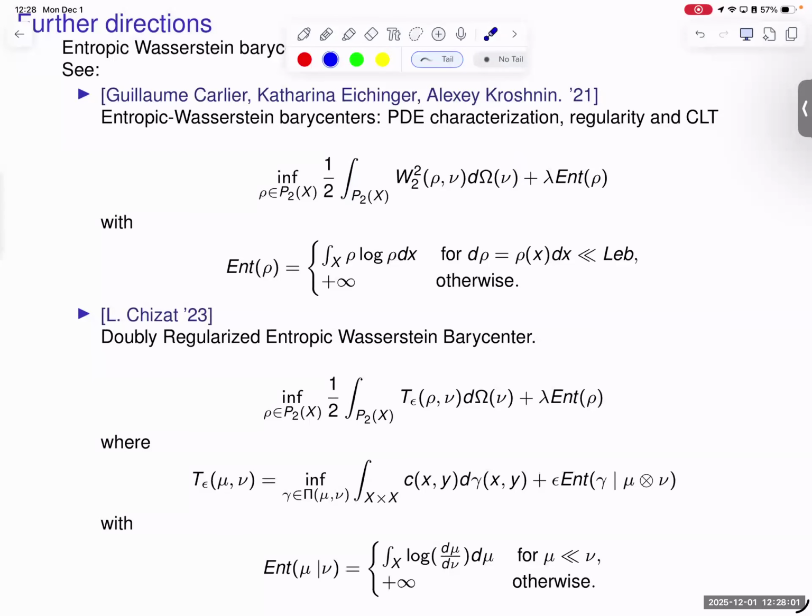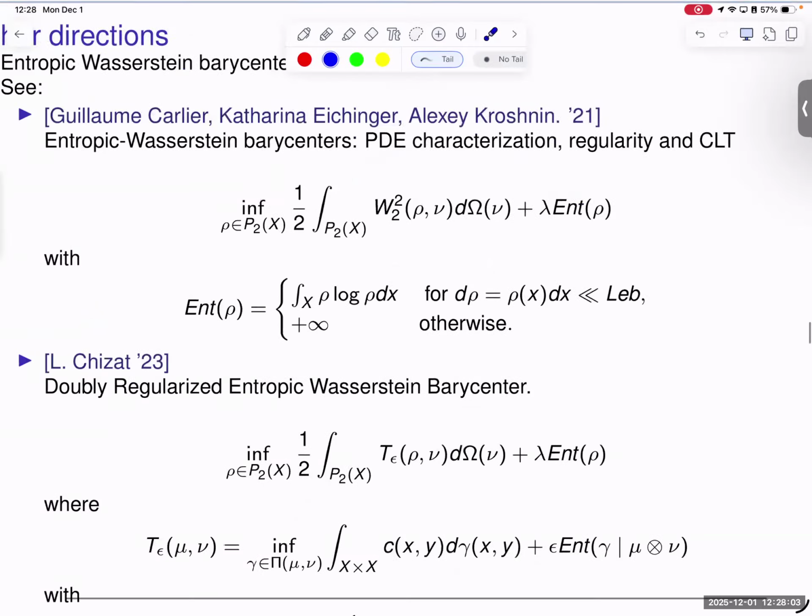Namely, for your barycenter measure, you put a penalty function so that the barycenter measure has to be absolutely continuous. Then if you solve this, of course, your barycenter measure is absolutely continuous and you have very nice regularity theory here.